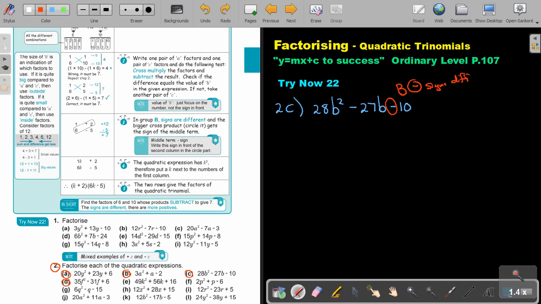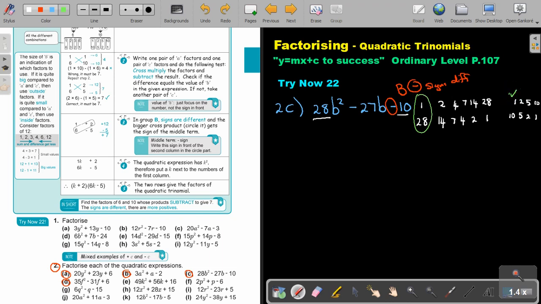So factor pairs: 1 and 28, 2 and 14, 4 and 7, 7 and 4, 14 and 2, 28 and 1. And for 10: 1 and 10, 2 and 5, 5 and 2, 10 and 1. So basically, 1 on this side, 1 on this side.